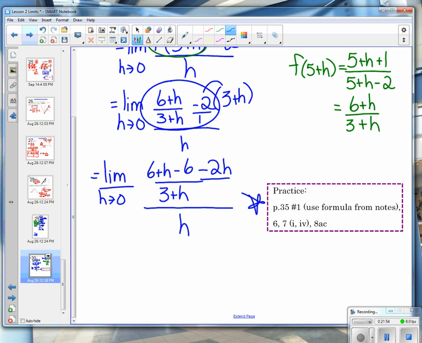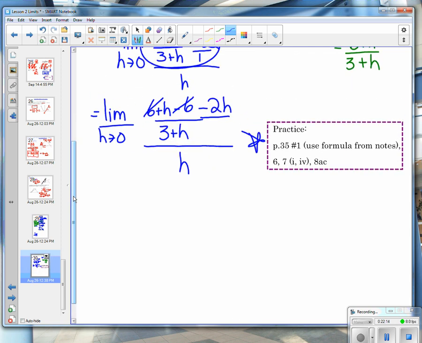All right. So now what we can do is simplify this again just a little bit. So basically I've got my 6 plus h minus 6. So obviously the 6 minus 6 is just going to cancel. I've got h minus 2h. So let's go ahead and move down a little bit to the limit as h is approaching 0.